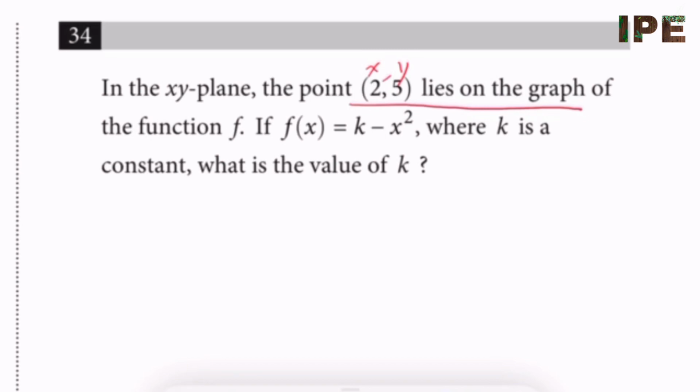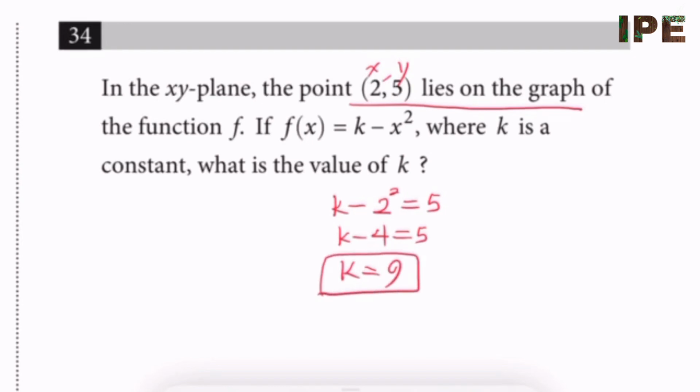When you plug in 2 for x, the value of f(x) should be 5. So let's plug in 2 for x, that result should be 5. So k minus 4 is 5. That means the value of k is 9. So 9 is the answer.